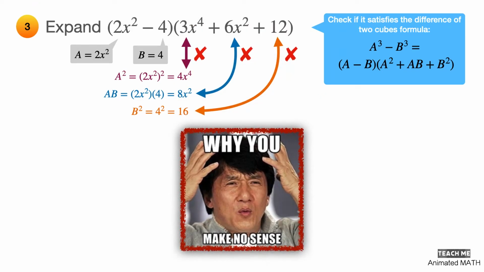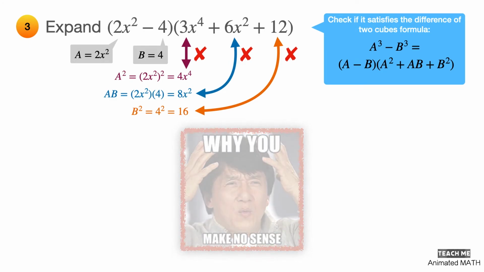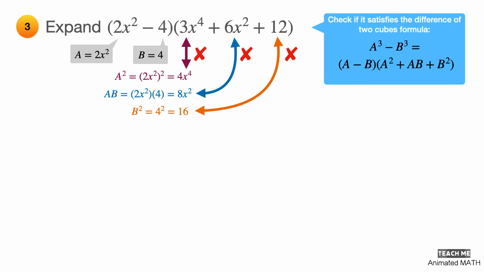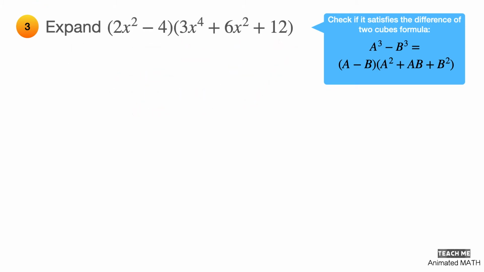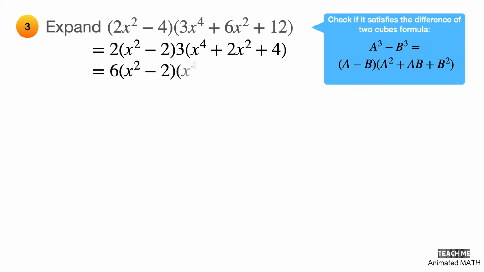Does this mean that the difference of two cubes formula cannot be applied in this example? Actually, the formula is applicable, but the wrong values were used for a and b. Let's try it again. But first, let's factor out 2 from the binomial, and factor out 3 from the trinomial.